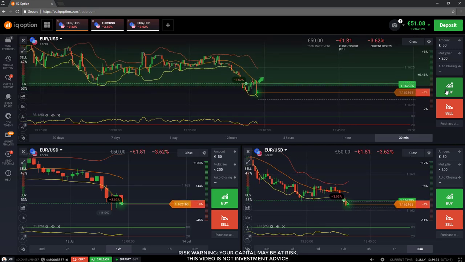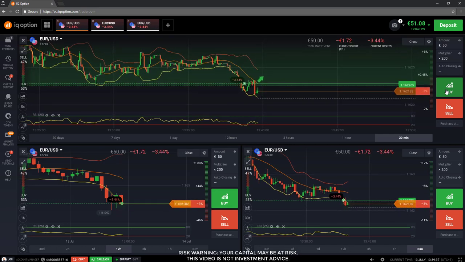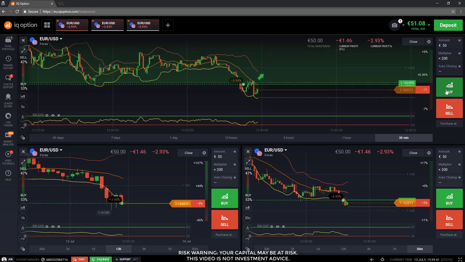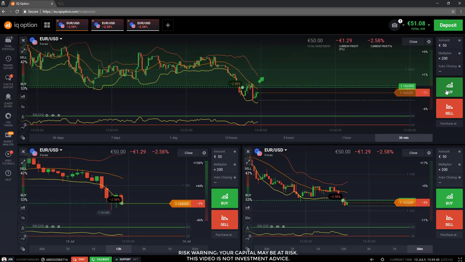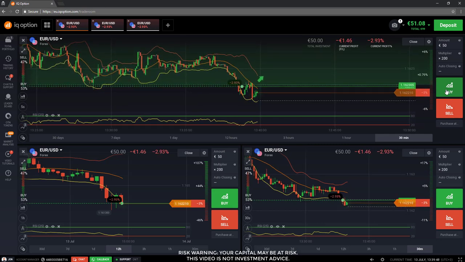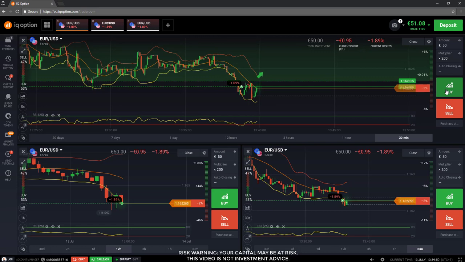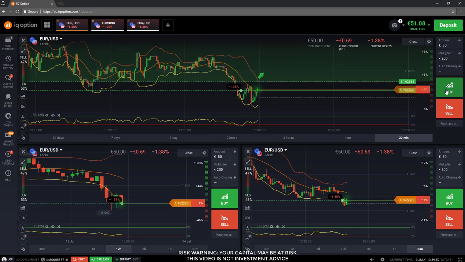And this is a very short trade. It's a scalper's trading. It lasts less than 2 minutes. But you can see how I wait and then close it.